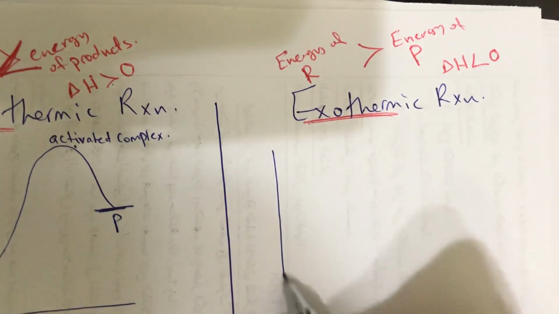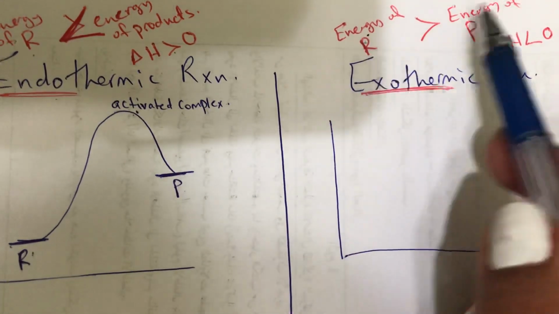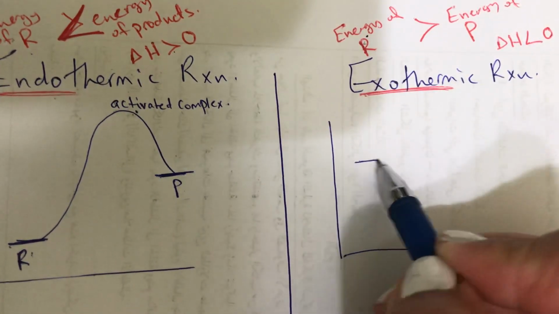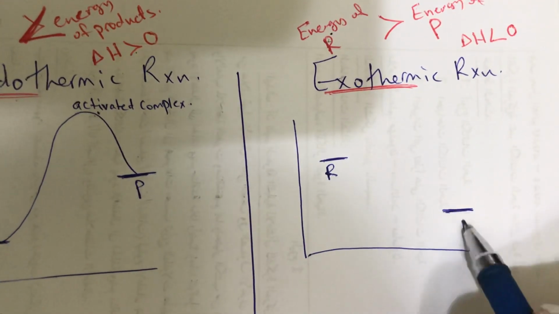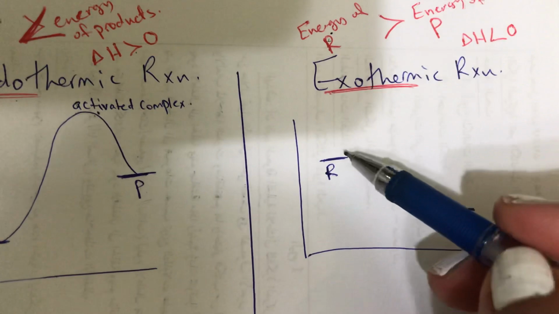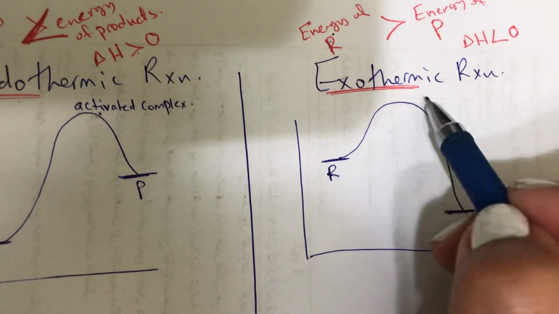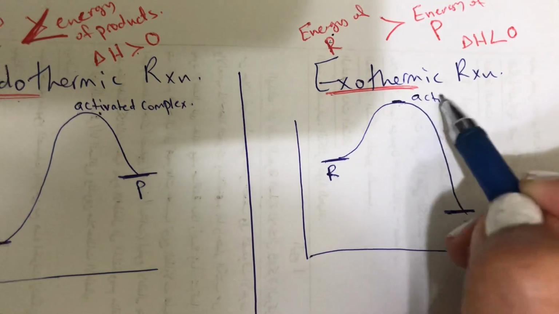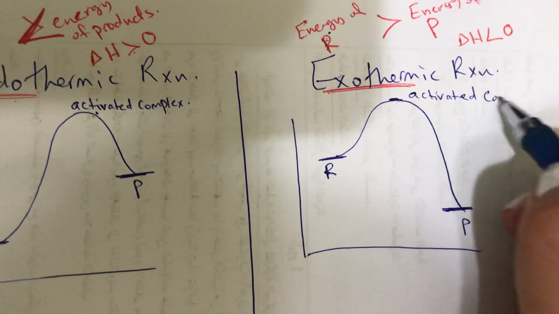Here in exothermic reactions, the energy of reactants is greater. So here, for example, here the reactant and here the product. How to draw the energy diagram? Here, like this. This is the top, the activated complex.